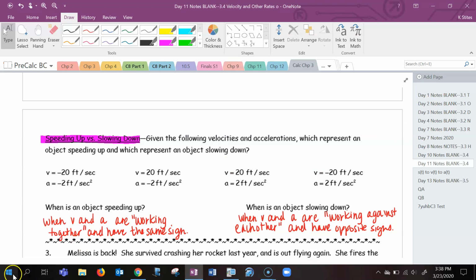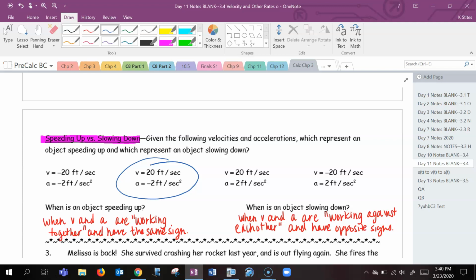All right, so I was hoping to bring up my webcam so that I could have a visual, but apparently I can't do that once I start. So I'll just try to describe this in words. I want you to picture throwing a ball up in the air. If you throw a ball up into the air, it's going to have a positive velocity, like this situation right here. However, a force that's always acting on this ball as it's in the air is gravity, as you know. And gravity is something that will always pull us down.